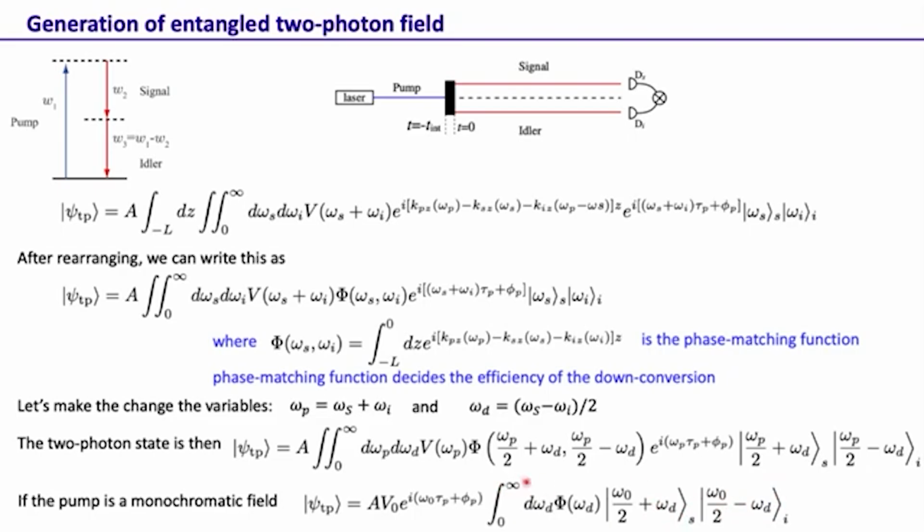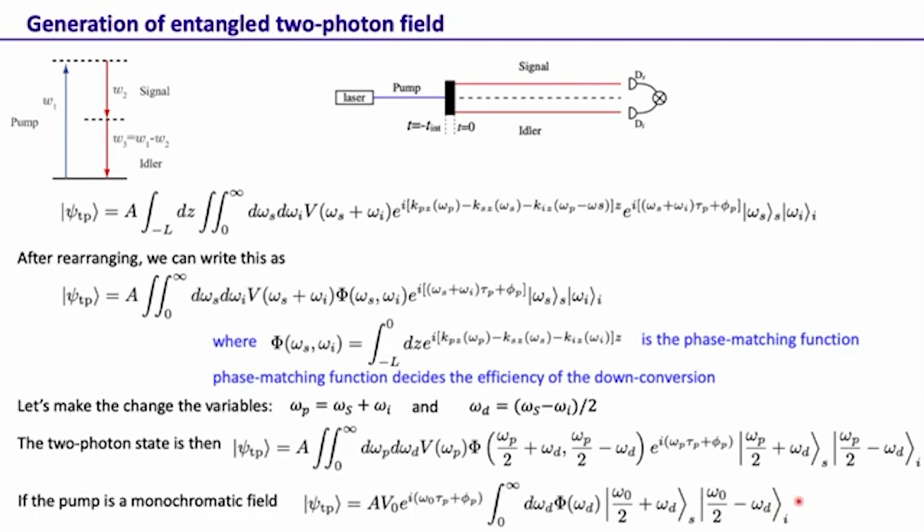Now we can see that this state is not separable. That means it cannot be written as a product of a signal state and idler state, because this is the signal state, idler state, and then integrated over. So this cannot be written simply as a product of the signal and idler. So this is a state that is inseparable in terms of signal and idler, hence this is an entangled state.